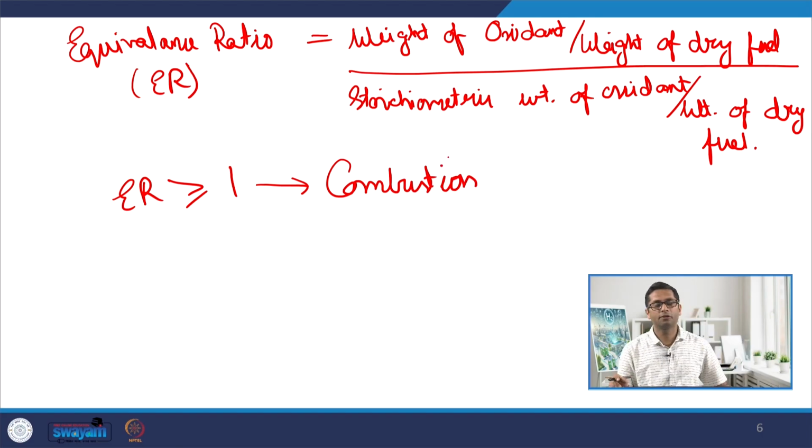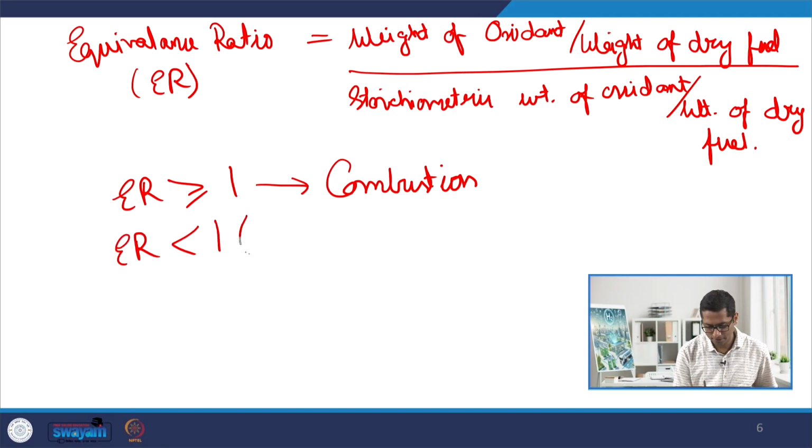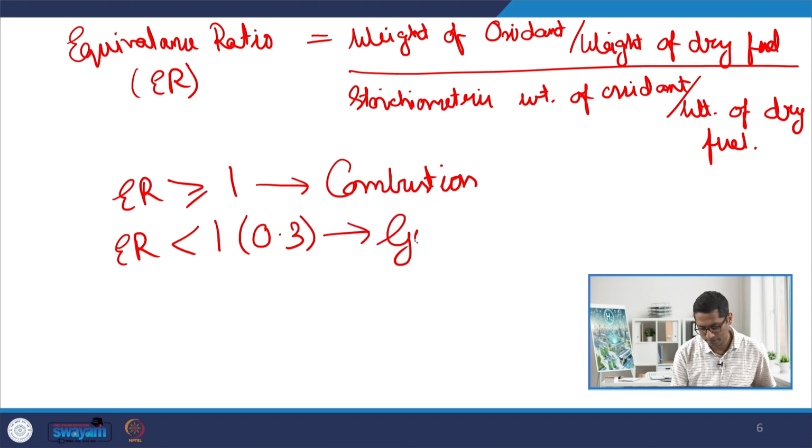So what we see in the normal boilers is that we are combusting coal, where we are providing exactly or more than the amount of oxygen that would be required for complete combustion of coal. If this ER happens to be less than 1, roughly of the order of 0.3, this is what I call gasification.